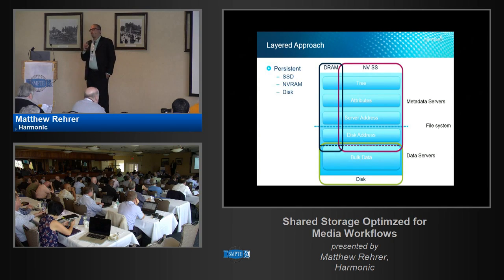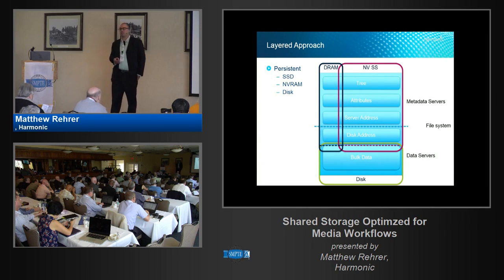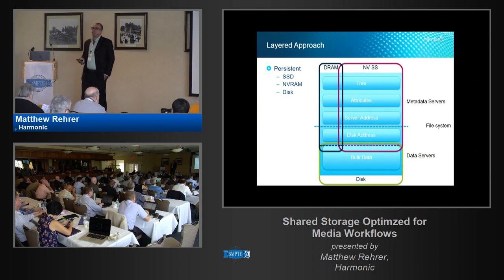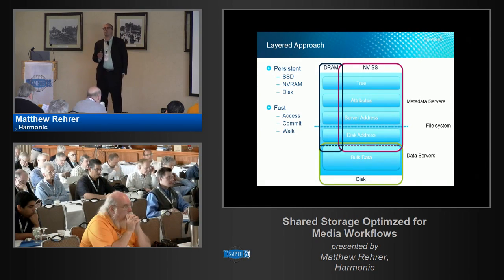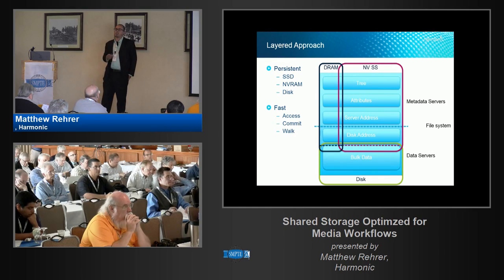So we're doing several things here. Some things have to be persistent in the file system, all of the metadata, all of the bulk data, and in that case, we have different horses for courses approaches to the persistent data. We also need to be able to be fast for several things, and this is where we're really deriving the benefit from solid state.